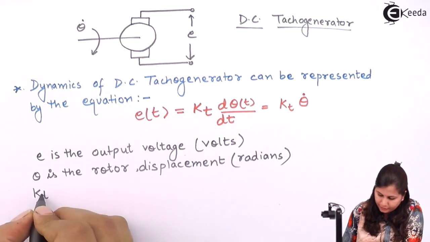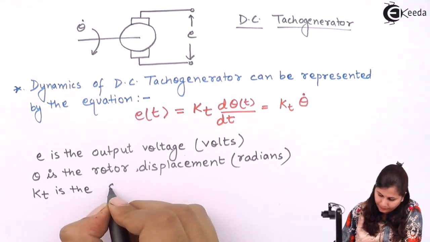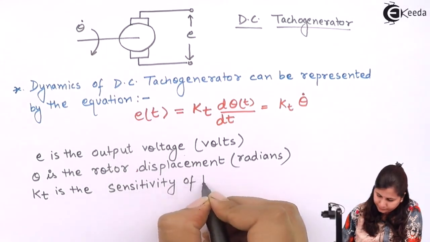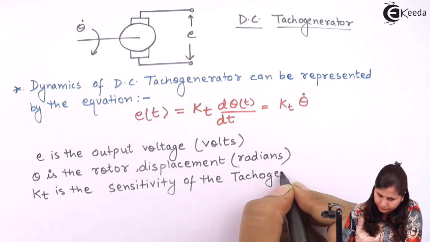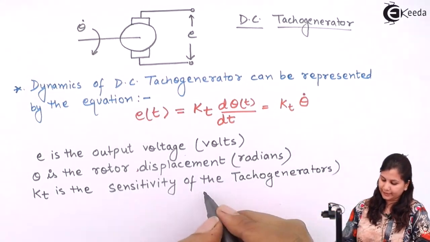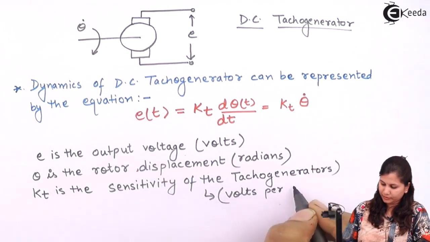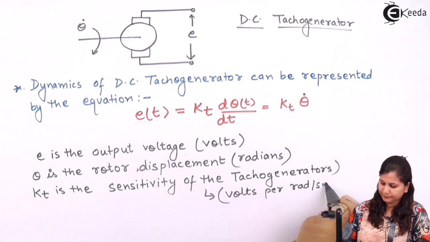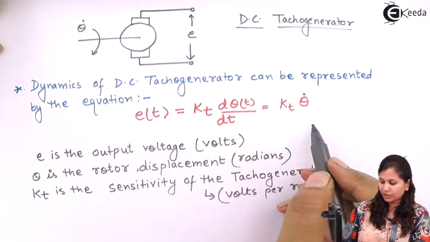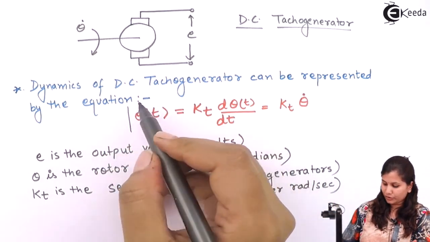And Kt, the constant which we have introduced, is the sensitivity of the tachogenerator, and this sensitivity is in volts per radian per second. Okay, now this equation is defining the dynamics of the DC tacho generator.